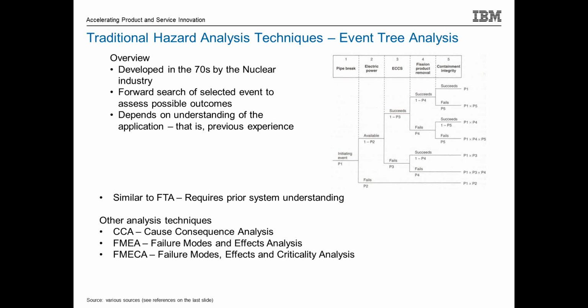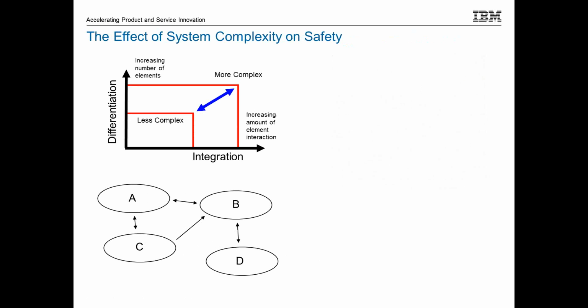All of these techniques suffer from problems around their point of view of safety. And today's systems now exhibit properties that make them less effective than they had been when they were first developed in the 60s and 70s.